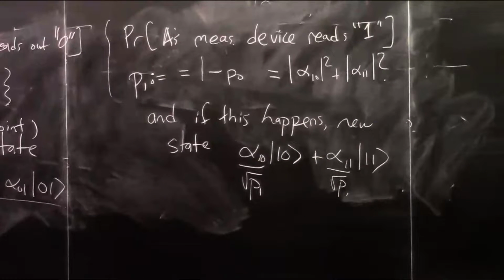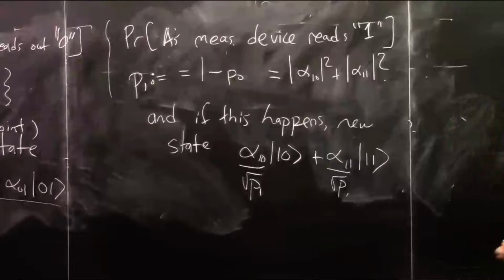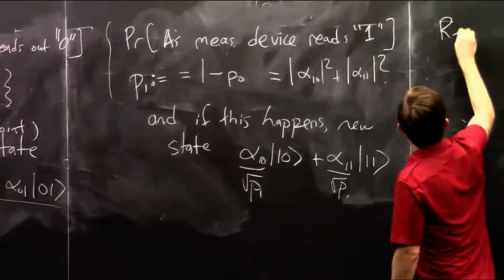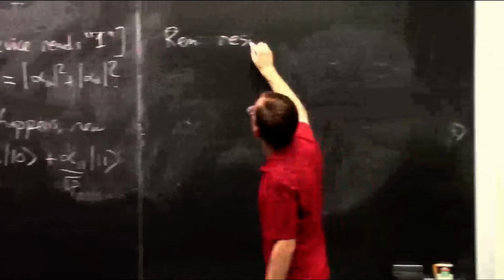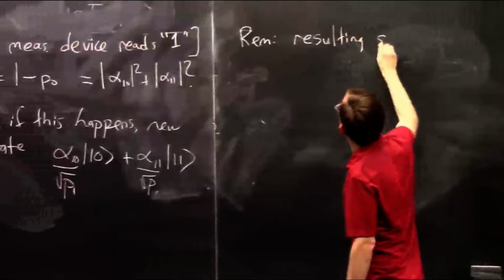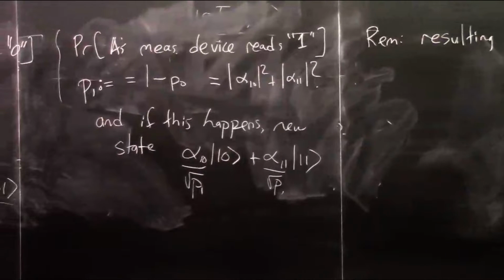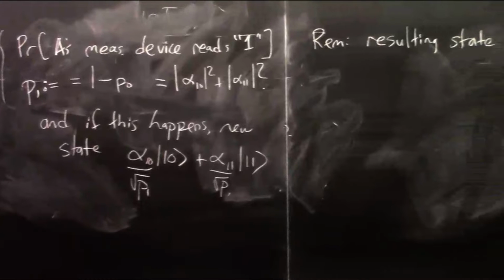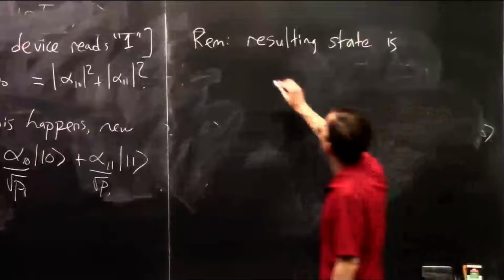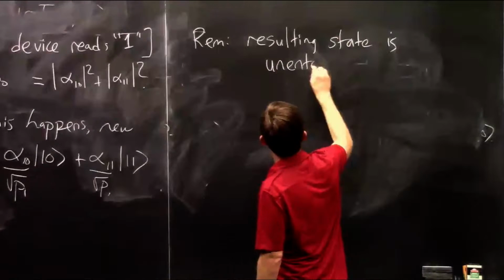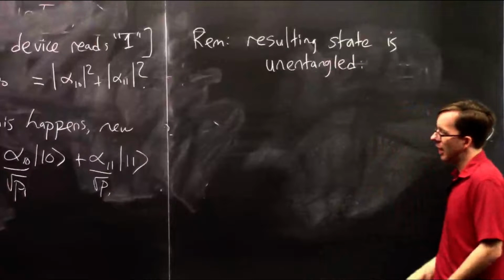Let me add a remark. Take a look at the state that comes out in each of the two possibilities. Is this state entangled or unentangled? Can you tell? Yeah, in both cases, it's unentangled. I will write that. Remember, unentangled means it can be written as a tensor product.